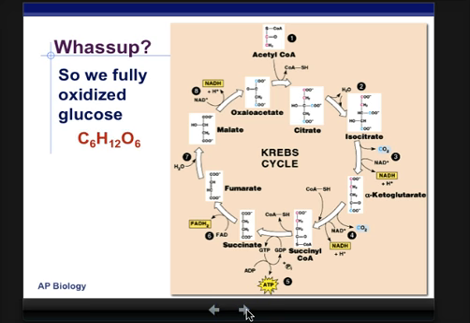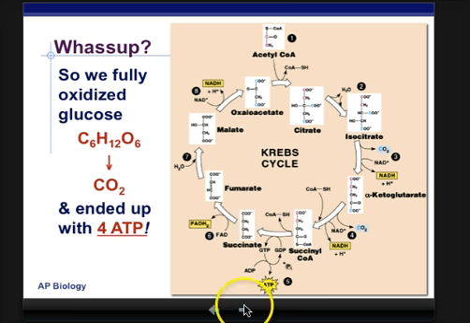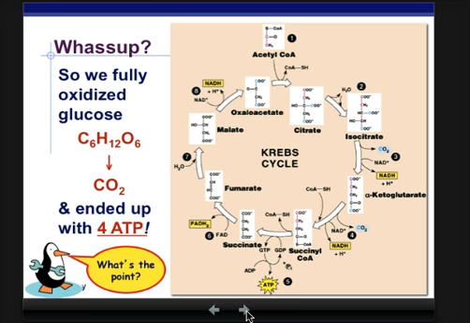We're taking glucose, C6H12O6, giving off CO2 and ending up with 4 ATP. Well, what's the point? This is barely any ATP to get out of this complicated process.